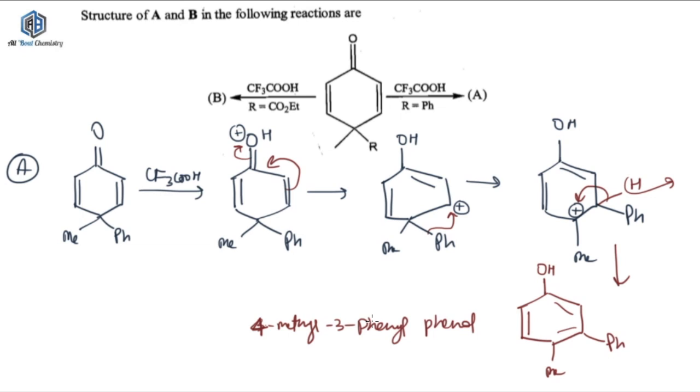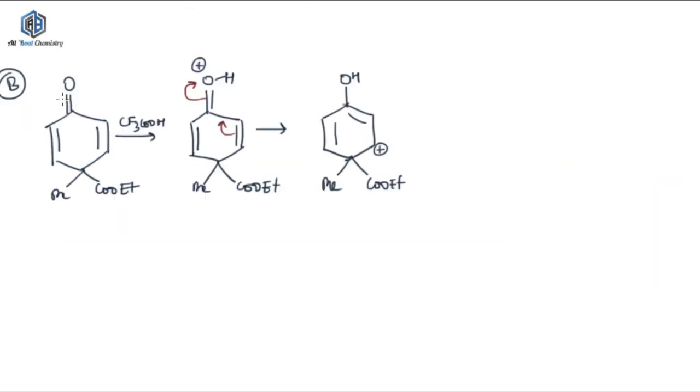Now let's look upon the B part. Okay, so what will happen for the B part of the reaction? Now talking about reaction B, here also a similar thing will happen at the place of R. We were having an ethoxy carbonyl group over here. So the ethoxy carbonyl group is present in the place of, like earlier in reaction A we were having a phenyl group at this place, right?